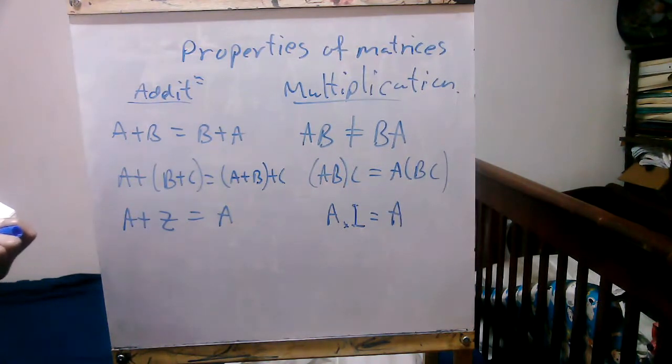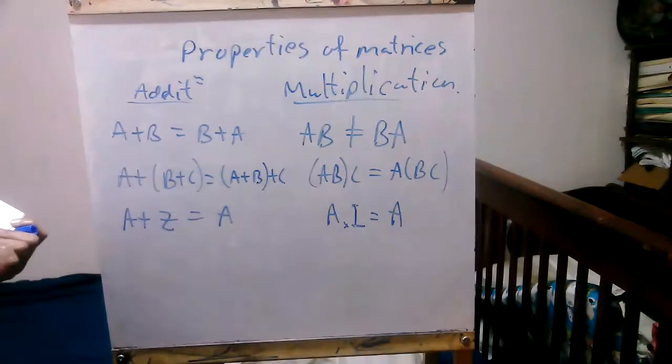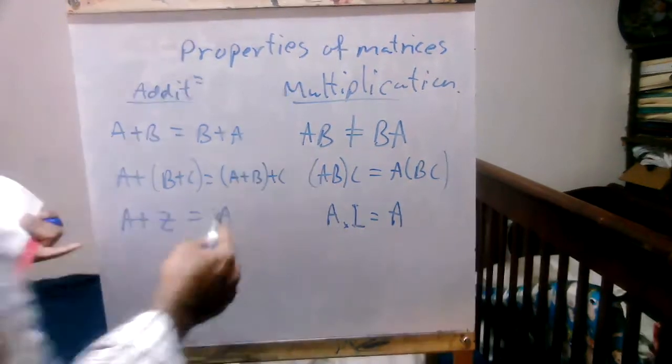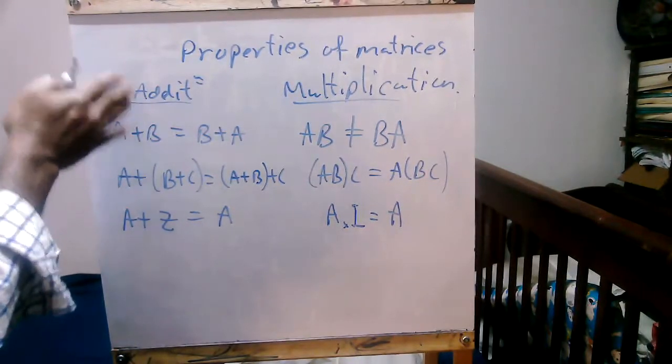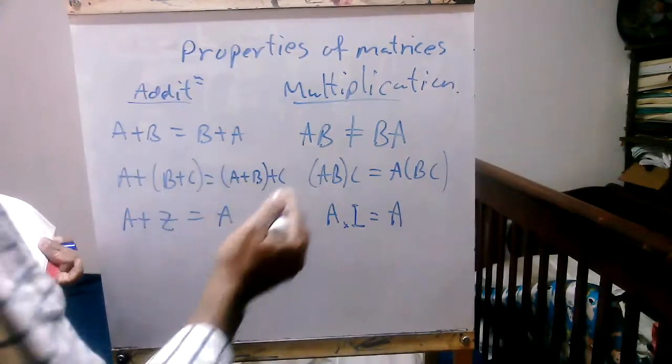Alright, and there are two additional properties for multiplication. It is distributivity. You cannot talk about distributivity against addition, because distribution means multiplying.